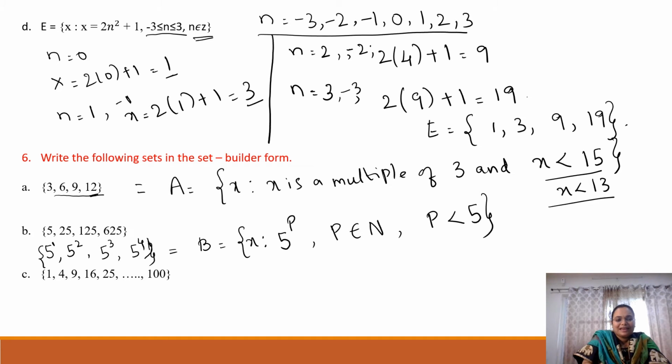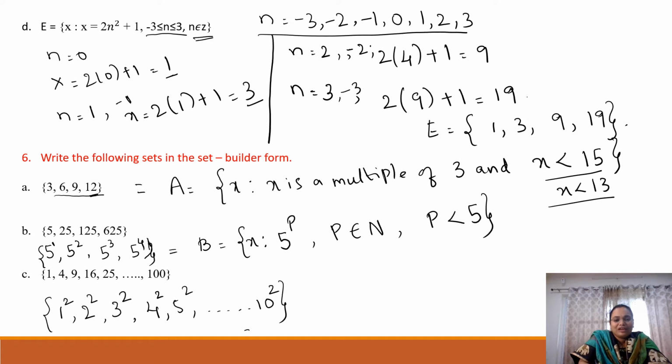So the next one is 1, right? 4 can be written as 2 squared. Correct. So 9 can be written as 3 squared. In the same way, 4 squared, 5 squared, and so on till 10 squared. If we write it in the set builder form, C equals x such that, see, 1, 2, 3, 4, 5, the bases are changing and the powers are the same.